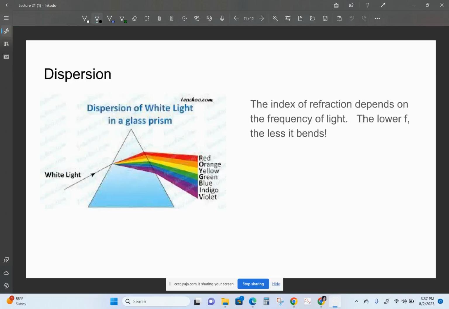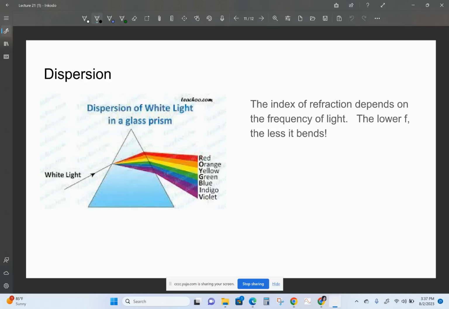The other thing I want to talk about is dispersion of light. One of the phenomena that you may have experienced is if you look through a prism, it will actually separate out white light into its colors. When you look at white light in the room here, its spectrum includes all the colors of the rainbow, ROY G. BIV.